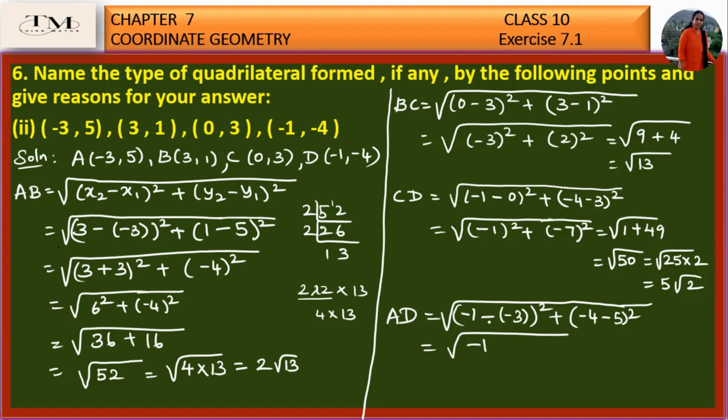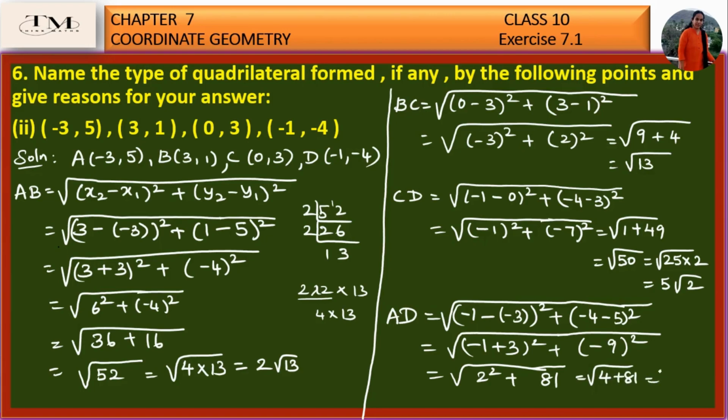So minus 1 minus into minus is plus 3, whole square, plus both are negative, put the negative sign and add the numbers, so 4 plus 5 is 9. So you will get 2 square plus 9 square, which is 81. So it is square root of 4 plus 81, which is root 85. So AD is equal to root 85.